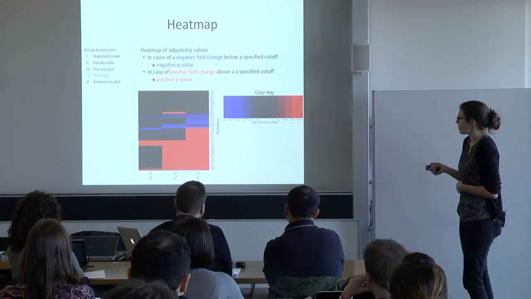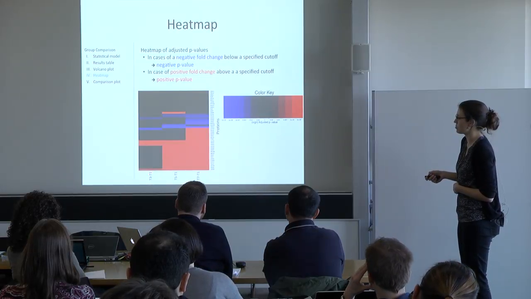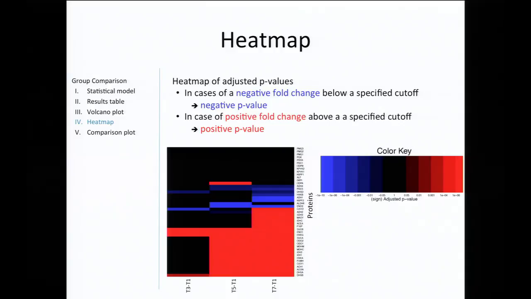So what you can see here are the different comparisons. This is a time course experiment where you have here compared time 1 to time 3, and you have a certain number of proteins on the y-axis, and some of them are upregulated in red, and the downregulated ones are in blue. And then you can see that if you compare time point 1 now to time point 5 or time point 7, you get more significantly up and downregulated proteins.